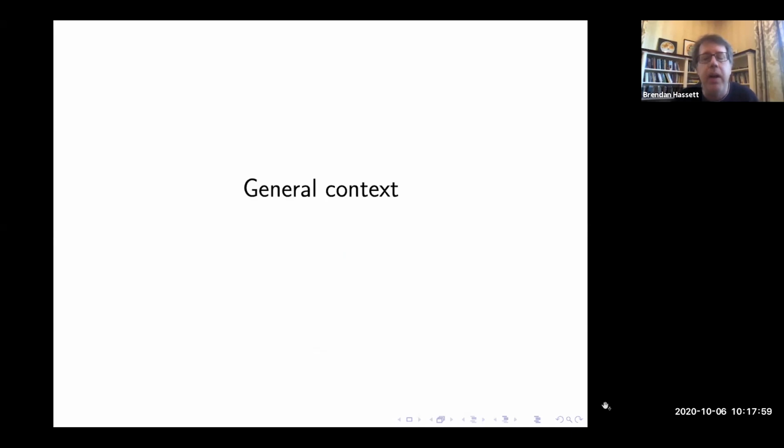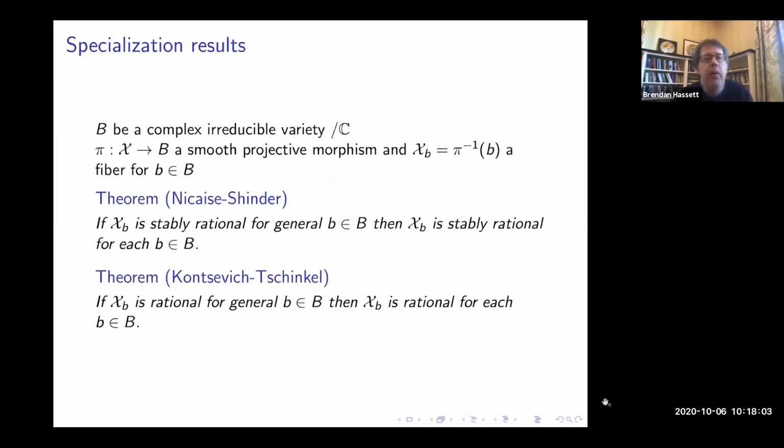So this is the general context. I want to mention specialization results because these really give the most precise and general information about the structure of loci of rational varieties. I'm always going to consider π from X to B a smooth projective morphism.